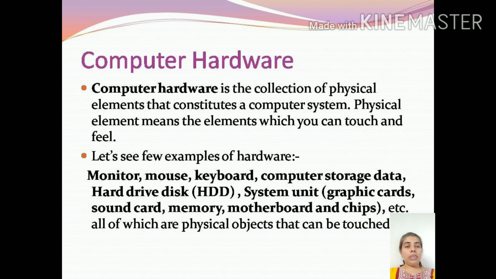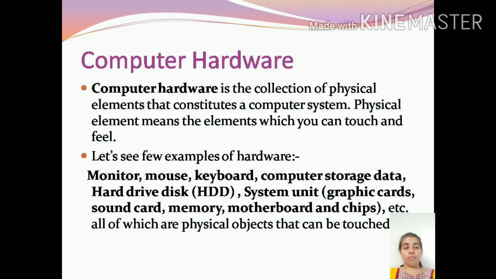Now, let's see in brief about computer hardware. Computer hardware is a collection of physical elements that constitute a computer system. Physical elements means devices, whatever devices you can touch and feel, all those devices are known as computer hardware. Now let's see a few examples of hardware.